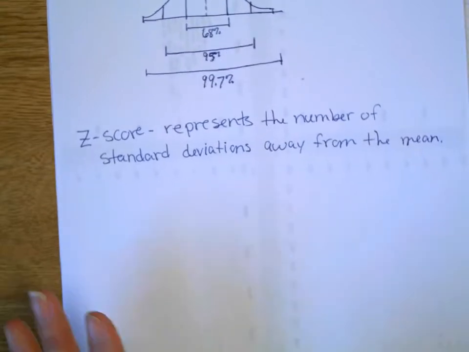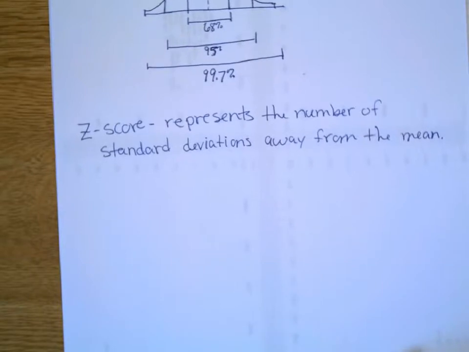So what we're going to be doing here in a minute is converting a data value into a z-score. You're going to be able to tell me how many standard deviations away from the mean a particular number is. It's a simple formula. Subtract and divide.